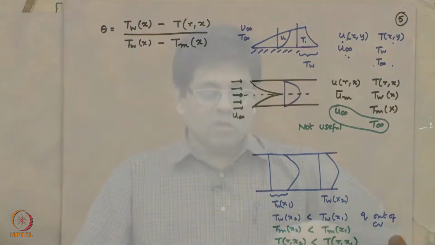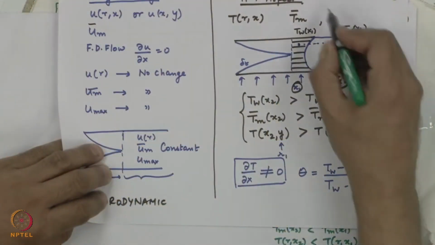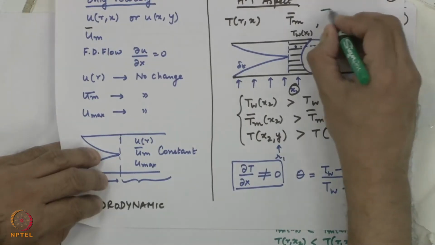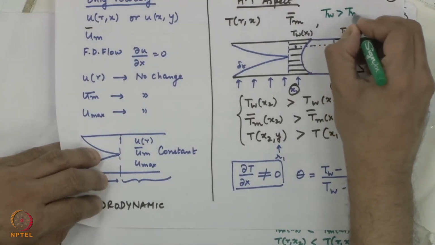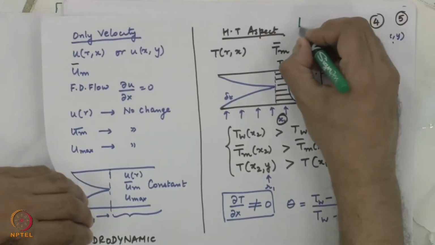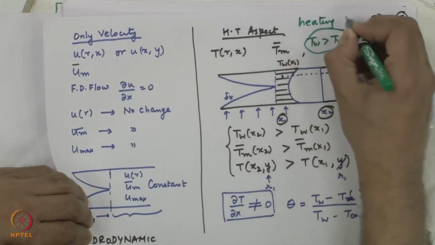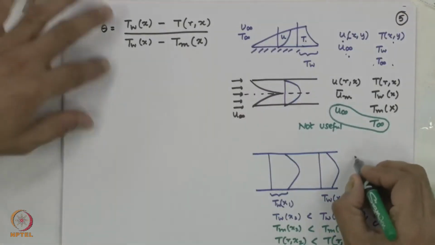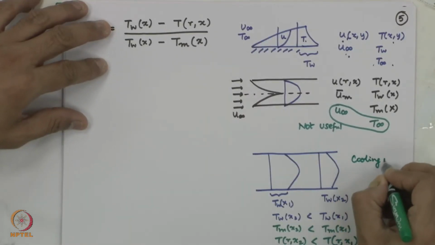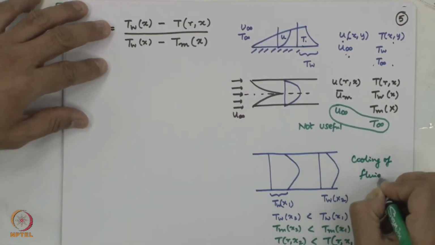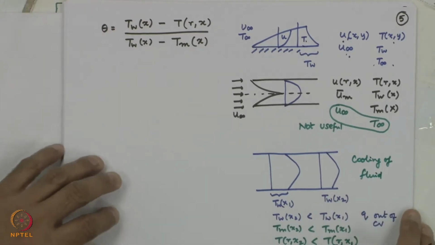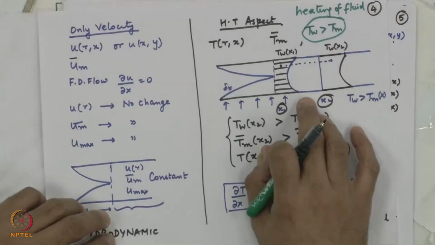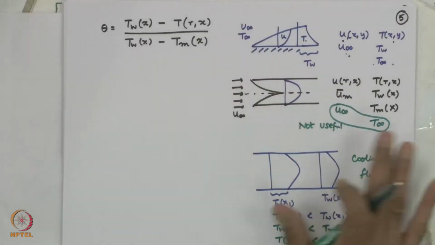We do this for heat flowing into the control volume. So, this is T wall greater than T bulk mean, heating of fluid. This is cooling of fluid, but conceptually nothing is going to change. So, we will do the analysis for this case, keeping in mind that the same analysis is valid for cooling also.